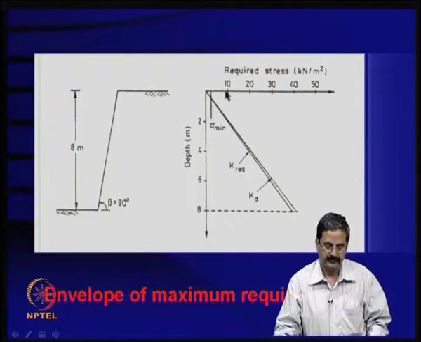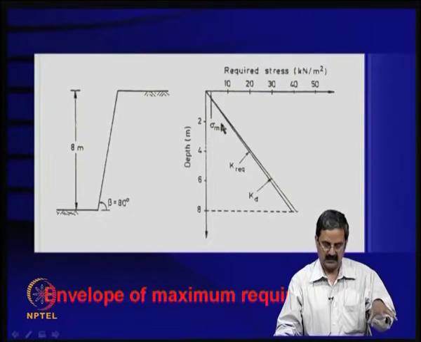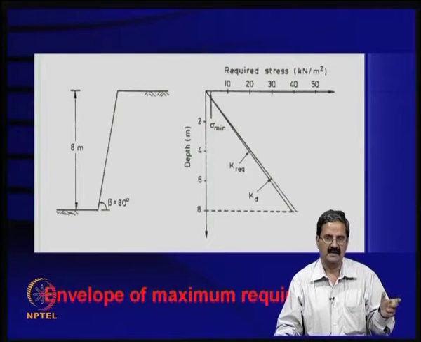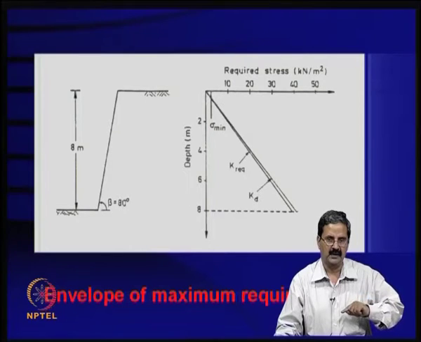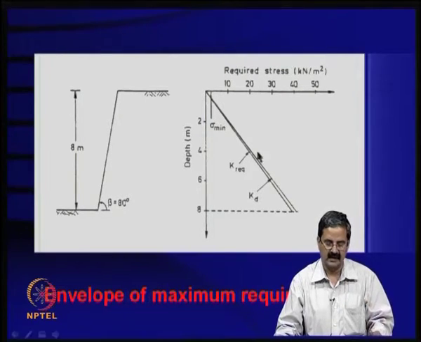How do you get that? One can also do this: it is a sandy material only, and you do a consolidation, e log P curve for that, and then you can draw the tangents from either side, and you get an intercept, which could correspond to 100 kPa.